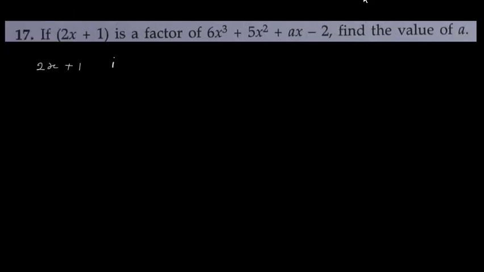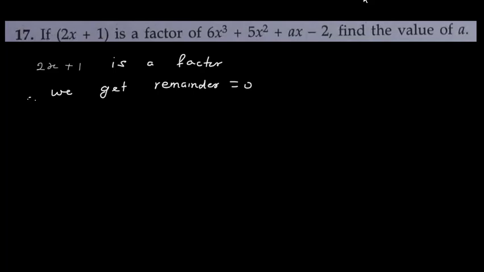So what we said is that 2x plus 1 is a factor, therefore we get remainder as 0.